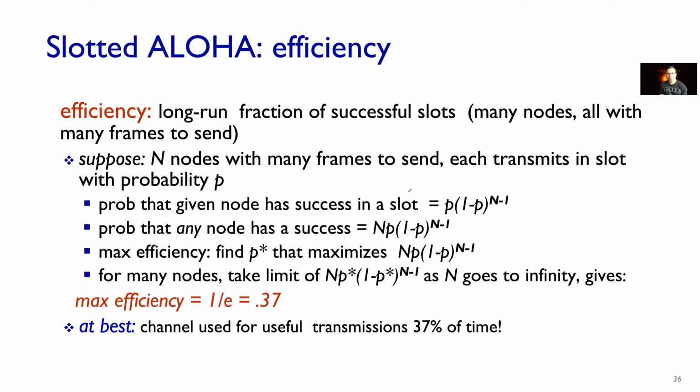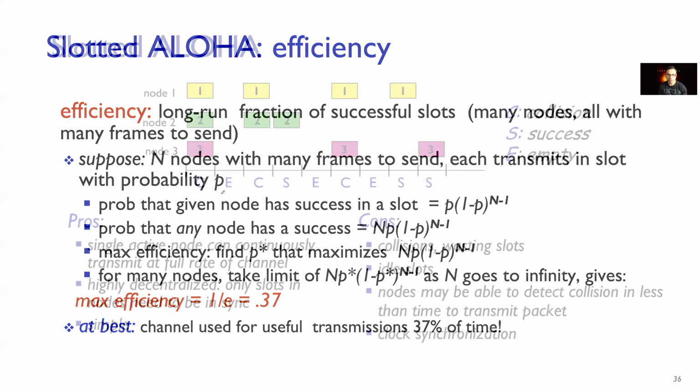So to formulate this, let's imagine we have n nodes and we assume all nodes always have frames to send. And each node transmits in a particular slot with probability P. Now, mind you, this is actually slightly different from how the algorithm works, right?